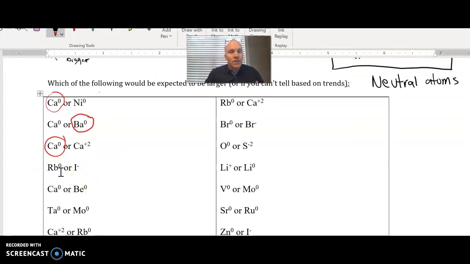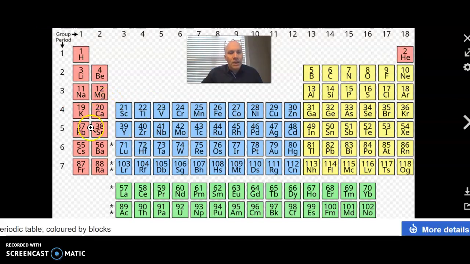The next one down actually asks you to compare two different things. The way I think makes sense to do this is to first compare the two neutral atoms. Let's say that we were comparing rubidium to iodine. If we compare those two neutral atoms, you can see that they are both in the same period.